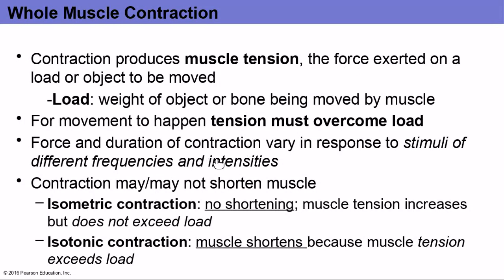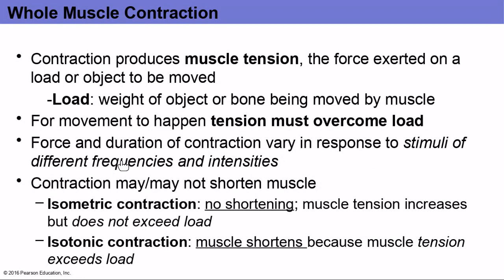All right. Now, the force and duration of contraction is going to vary. You actually had a question on your last lab quiz related to this. So the force and the duration, the amount of time that a contraction takes place, is going to be very largely dependent on the stimulation that's coming from a neuron. All right.